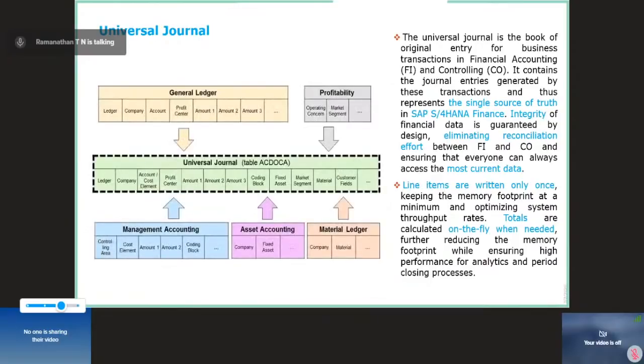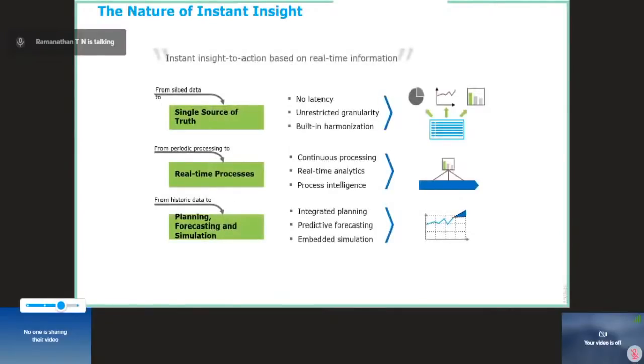Today, when there is a need for a single source of truth, combining the management information and the statutory information into one is the order of the day. Right? That's what is being looked upon. With that single source of truth and the overlay of the analytical application on top of the transactional application, which we talked about on S4HANA, it's a high performance analytical application, right? You are able to get the business and finance supporting the business operations with real-time data, enabling real-time processes.